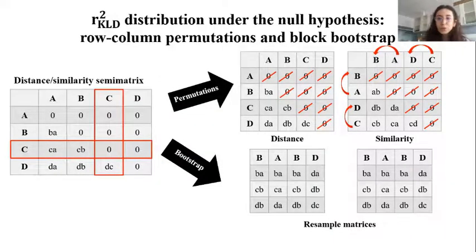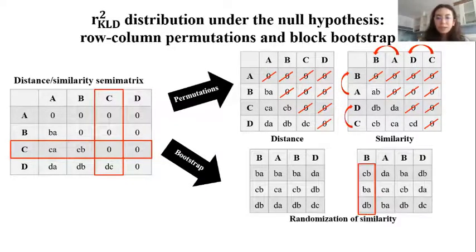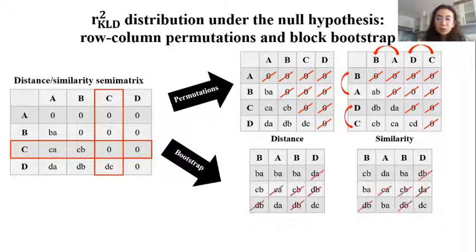And now, to make distance and similarity independent, we randomize the values of the similarity sample matrix by column. This method duplicates the values of the resampling matrices, so we had to remove half of them. And to do so, we removed randomly from each column the same values in both matrices.